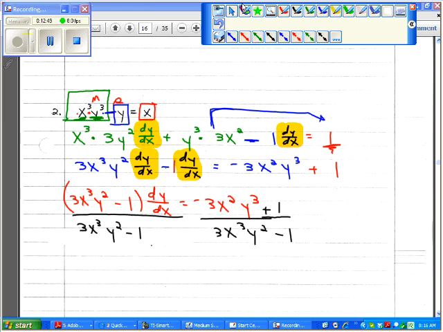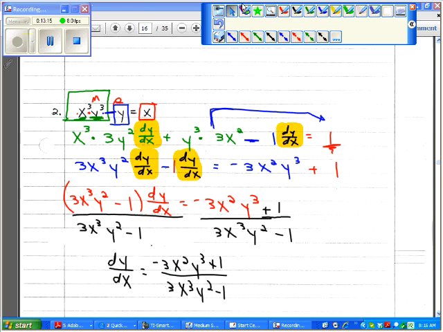And that's really about as simple as we can get it. So the derivative of y, we'll just write it again. The derivative of y with respect to x is negative 3x squared y cubed plus 1 over 3x cubed y squared minus 1. Okay.